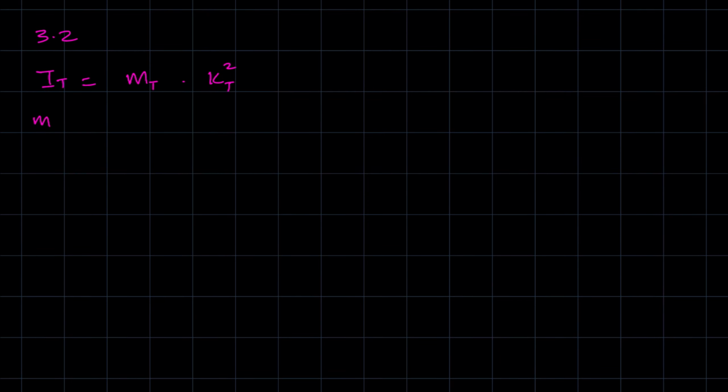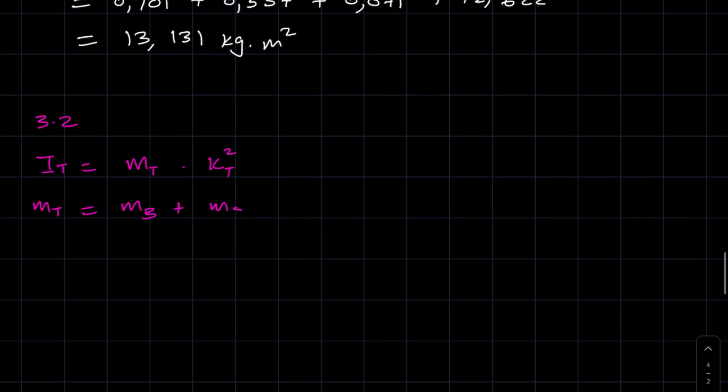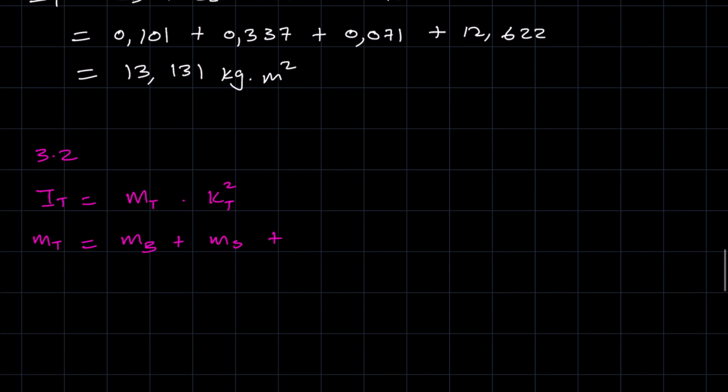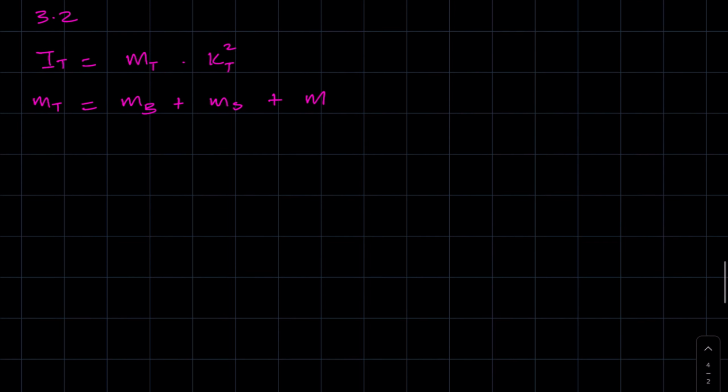So we calculate M_T by putting together the masses of all the parts. So this will be the mass of the boss plus the mass of the spokes, plus the mass of the shaft plus the mass of the rim.